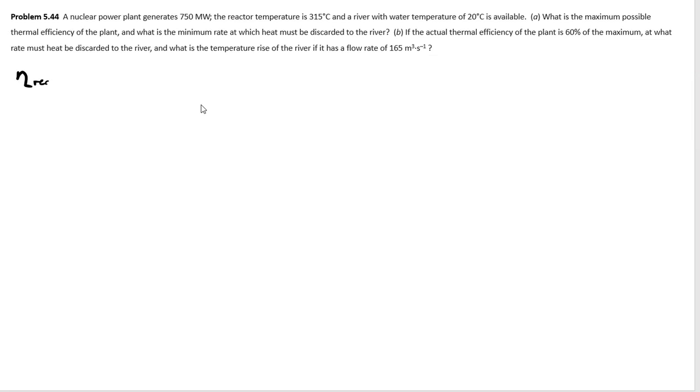So the real thermal efficiency is going to be equal to 60% of the maximum efficiency, which is the Carnot efficiency. And so let's do that calculation first. So the real thermal efficiency is going to be 0.6 times 0.5, which is about 0.3. So about 30%.